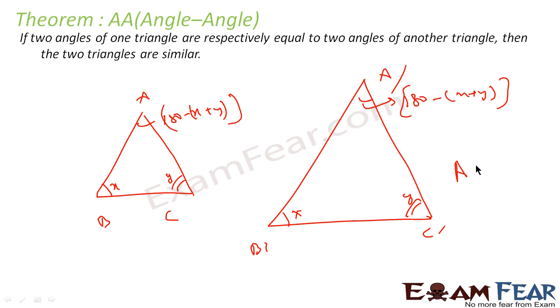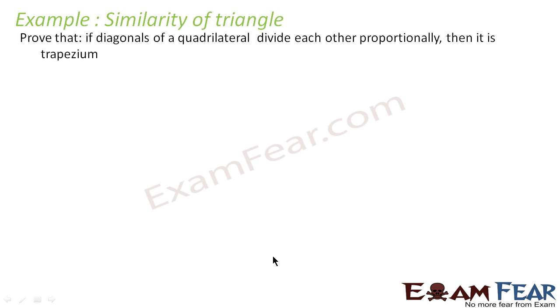So if I prove that two angles of triangle 1 are equal to two angles of triangle 2, then both triangles are similar. We need not prove the third one because it is taken care of by default. Let's take some examples of similarity of triangles. You have to prove that if the diagonals of a quadrilateral divide each other proportionally, then it is a trapezium.